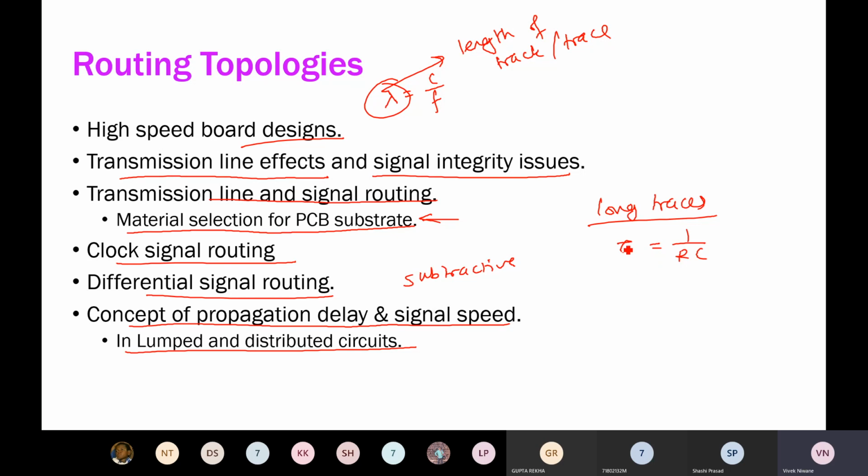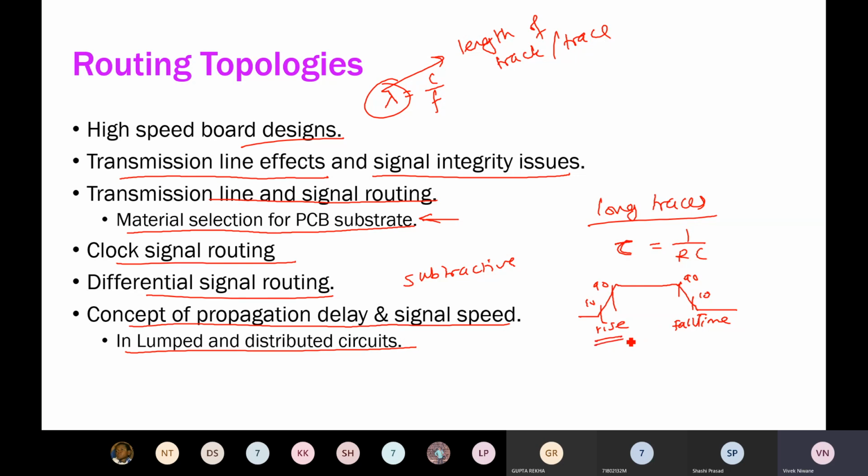So we have tau equal to 1 upon RC, and due to the capacitances we also have some rise time and fall time associated with the signals. Rise time and fall time: 10% to 90%, 90% to 10% is the value.